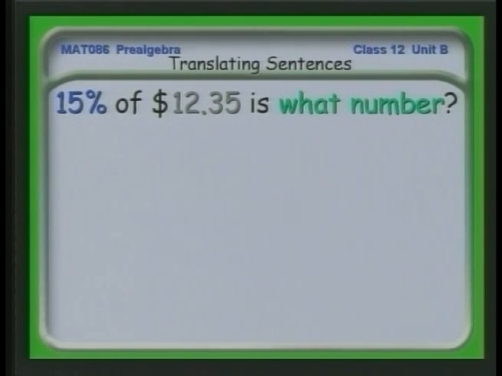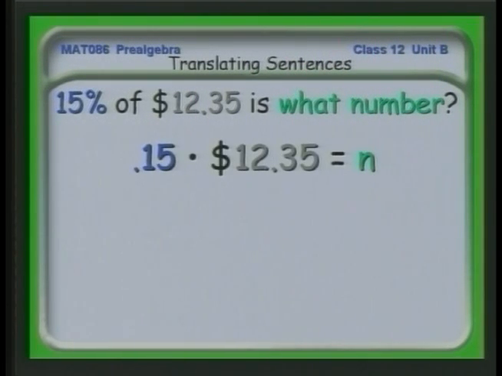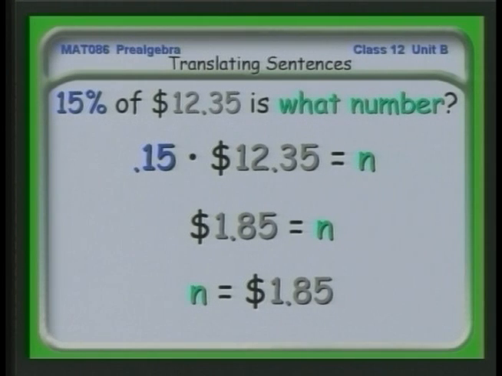I use my calculator and work this out and round this off to the nearest hundredth because that represents dollars and cents, and I find a 15% tip of a $12.35 check would be $1.85. N is equal to $1.85.